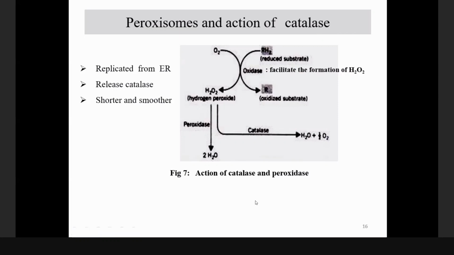For instance, if you take a lot of alcohol, that alcohol makes the liver produce hydrogen peroxide, and that hydrogen peroxide kills or damages the liver tissue itself. So it should be converted into harmless components, like water and oxygen, and that is because of catalase. So catalase is a very important enzyme produced from the peroxisome.